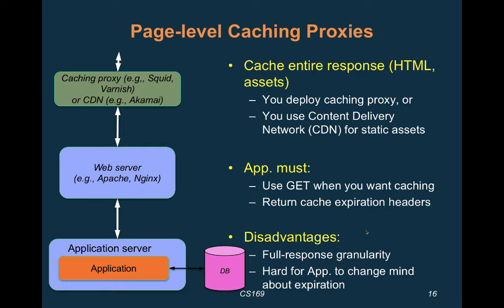Yes? Is it possible to have not infinite, but a large amount of these caching proxies for one web server? Well, you don't typically use multiple caching proxies for a web server because you have to think of how this works. Okay, you will set up your networking configuration to make sure that all the requests come here. Okay, they have to sit in front.